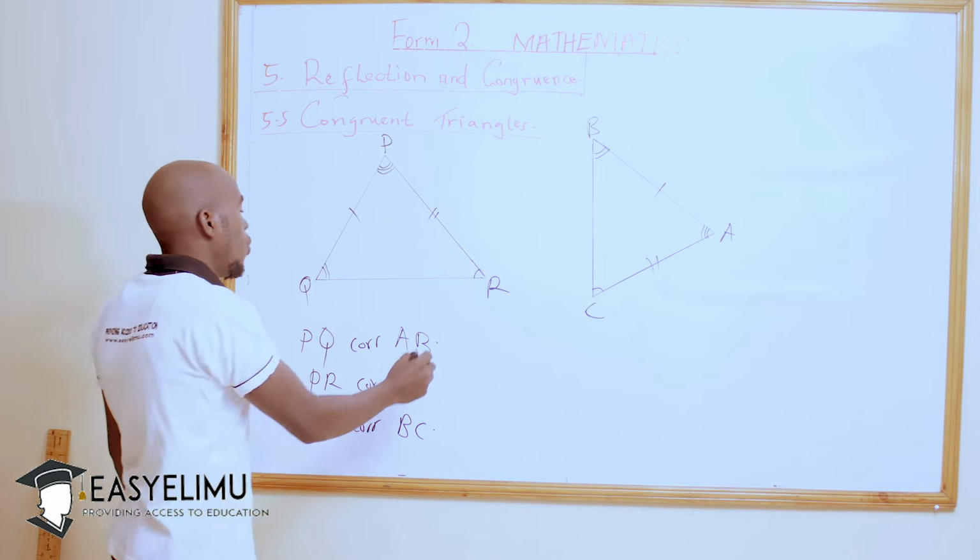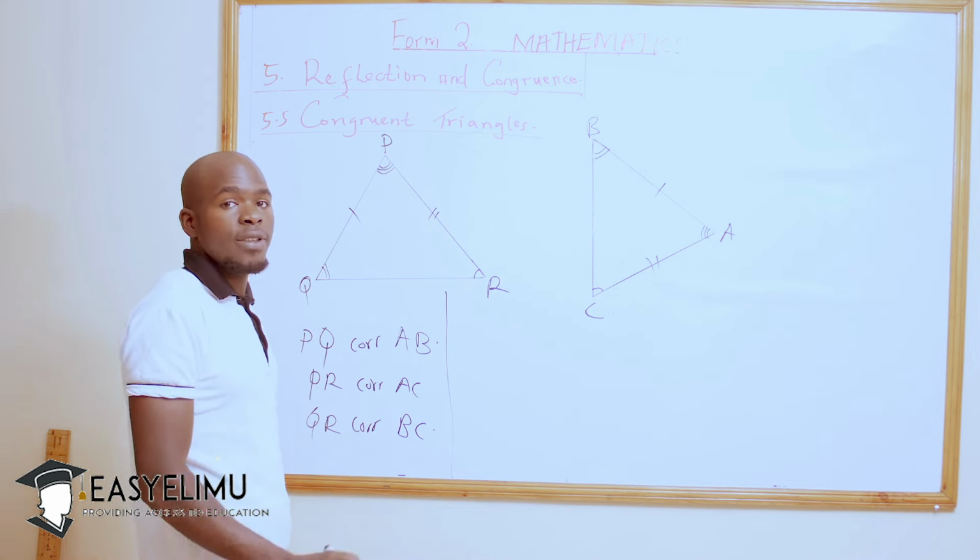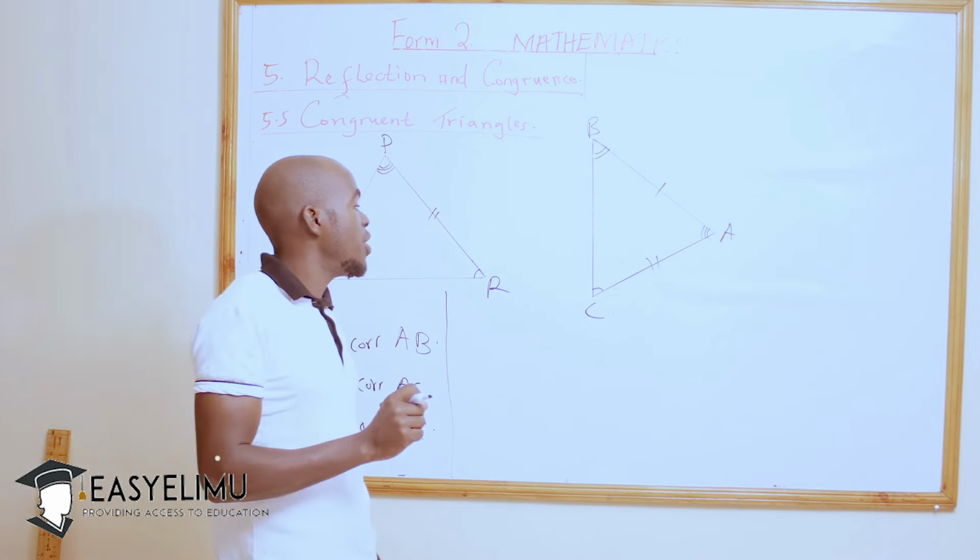So this is what it means if triangle PQR is congruent to triangle ABC.